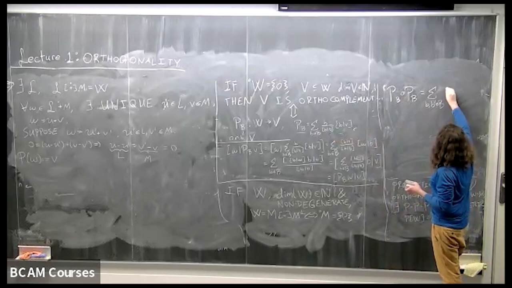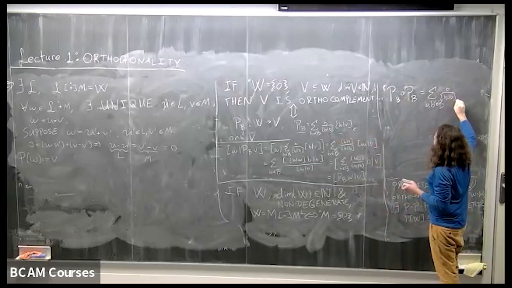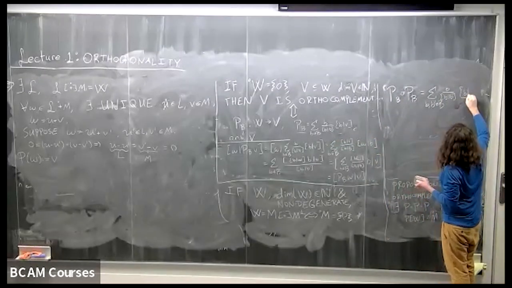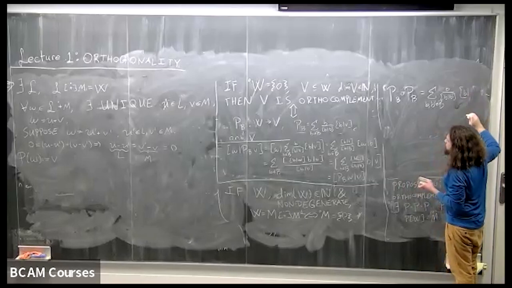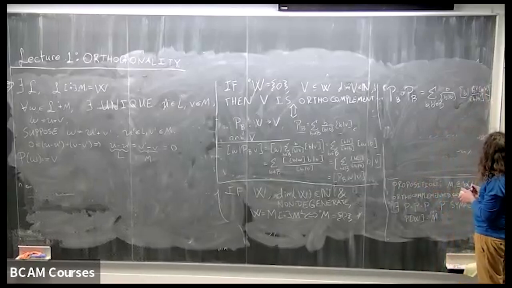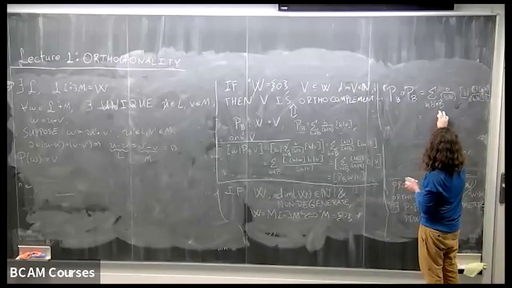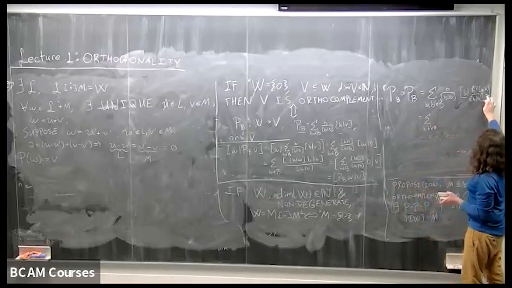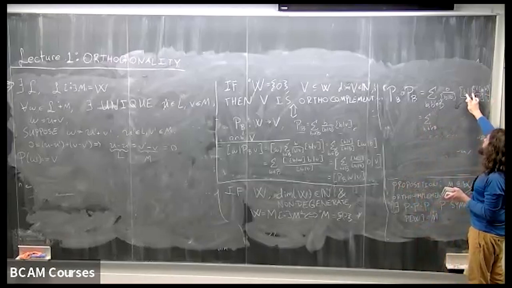Let's say the outer sum is B. And now we use the orthonormality property of B. So if you expand this inner product, you'll see that you end up with an inner product of B and B' that will vanish unless B is equal to B'.